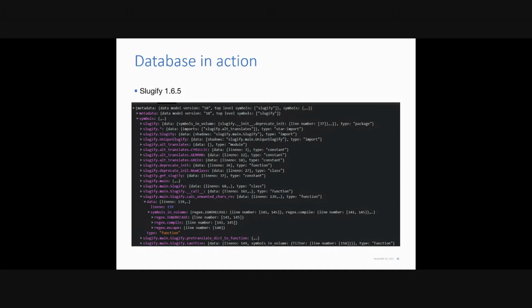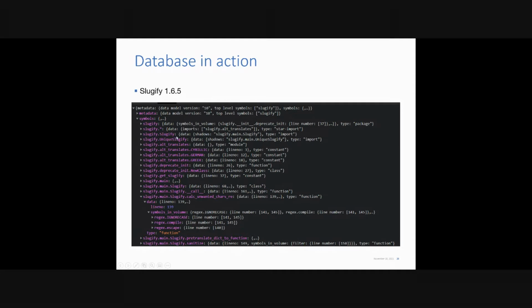So this is the package Slugify version 1.6.5. And we can see here there's a bunch of stuff in this metadata. There's a data model version, which is mostly for my own bookkeeping. And then there's a whole bunch of names. Slugify, of course, provides the symbol Slugify over here.